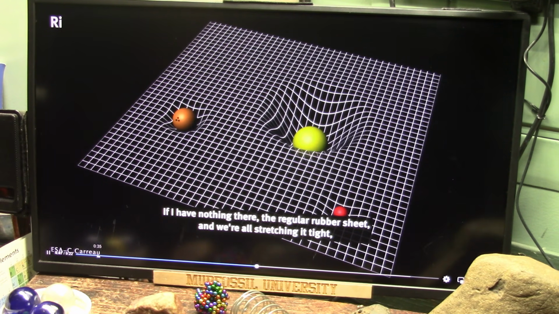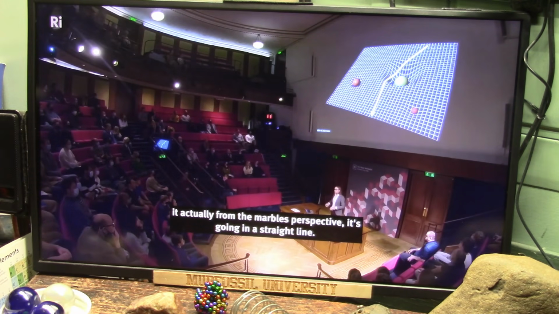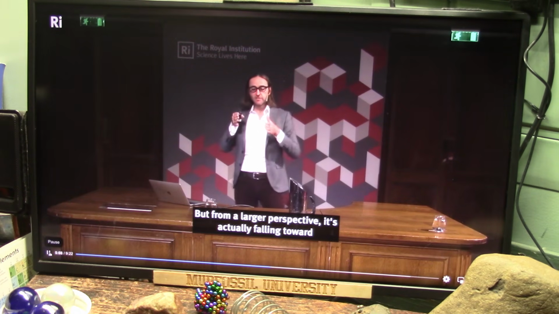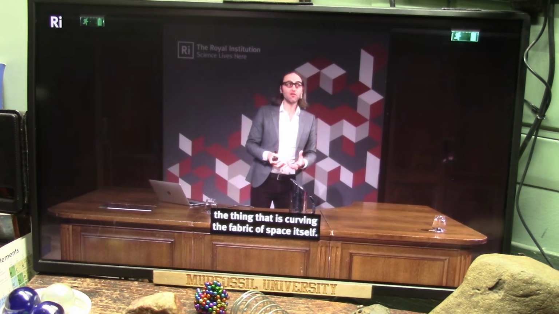If I have nothing there, and we're all stretching it tight, and I flick a little marble across, the marble goes in a straight line, right? But if I put something heavy there, like a bowling ball or this yellow thing, and then flick a little marble, from the marble's perspective it's going in a straight line. But from a larger perspective, it's actually falling toward the thing that is curving the fabric of space itself.